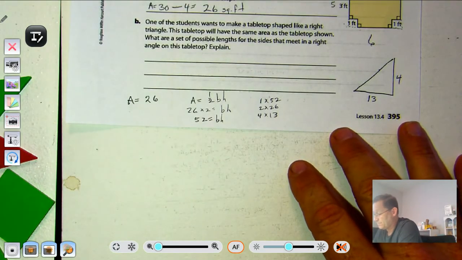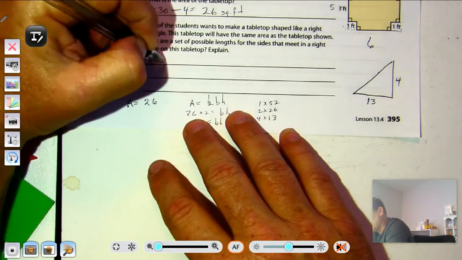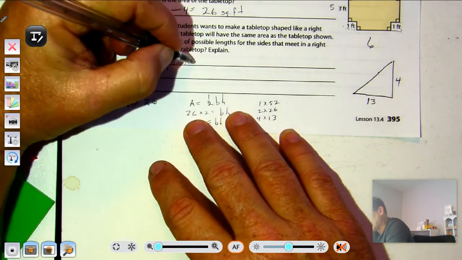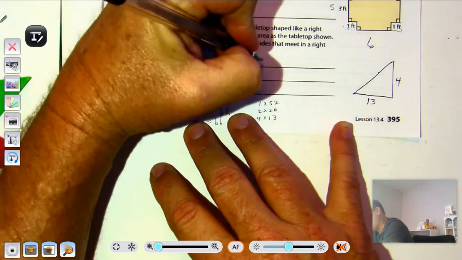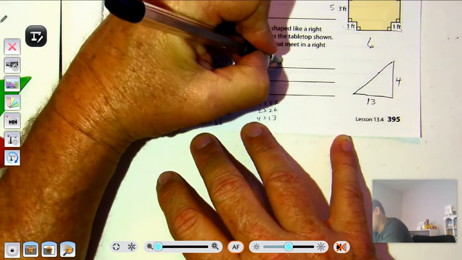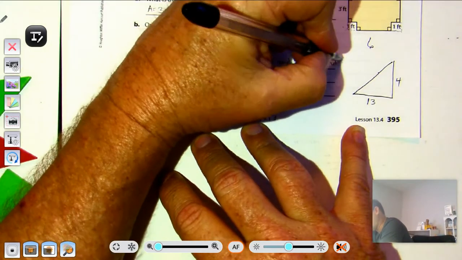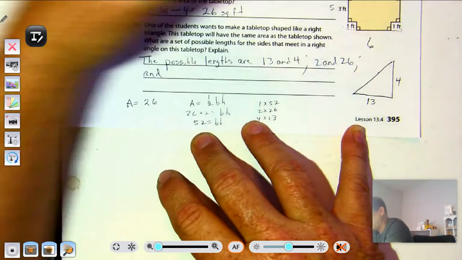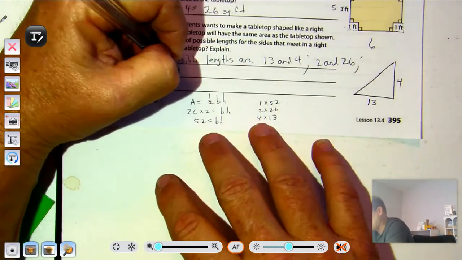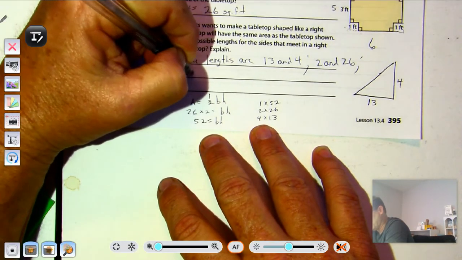Okay. Possible lengths are 13 and 4, 2 and 26, and 1 and 52.